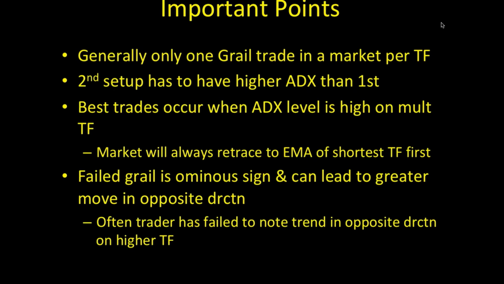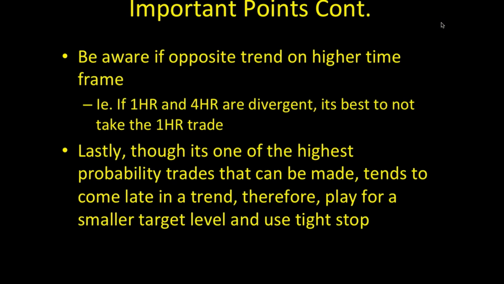And oftentimes a failed Grail occurs because the trader failed to identify an opposite trend on a higher time frame, i.e. you're focusing on the 1-hour chart, but then you didn't check the 4-hour and there's an opposite trend. So we just talked about this, being aware of the opposite trend, making sure there's not divergence in trends.